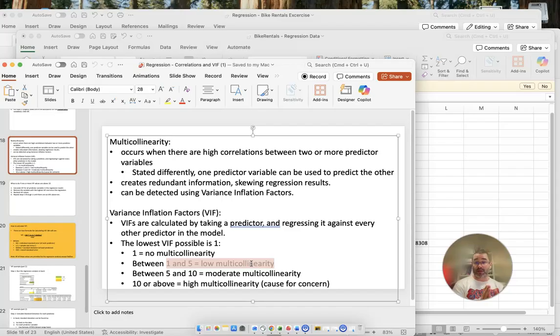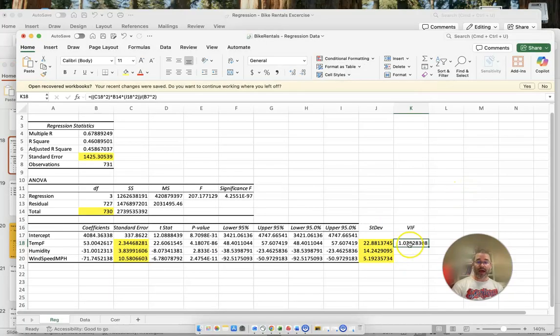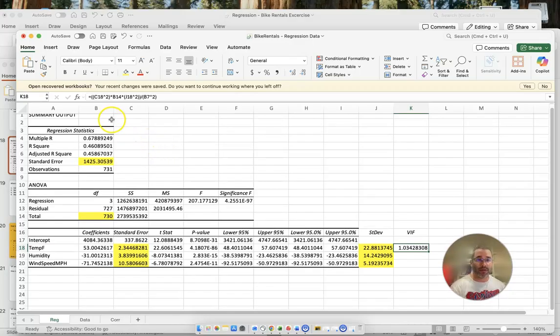The closer to 1 we can get here, the better. It means these two variables are not collinear. So we're really happy with this number of 1.03. And then we would need to redo this formula here and here as well. I'm going to actually skip that just to save some time. This is a long enough video as it is.